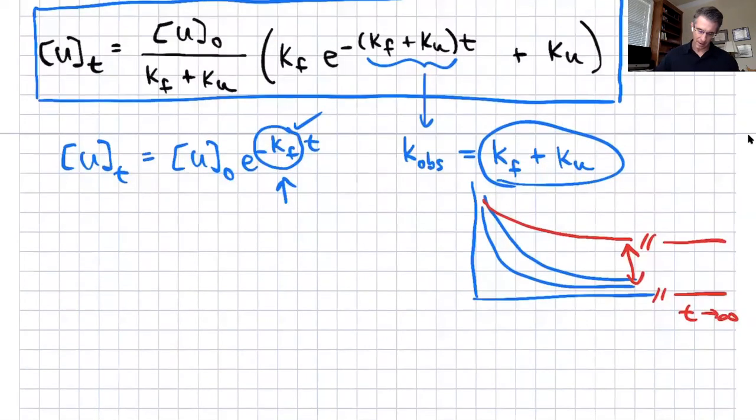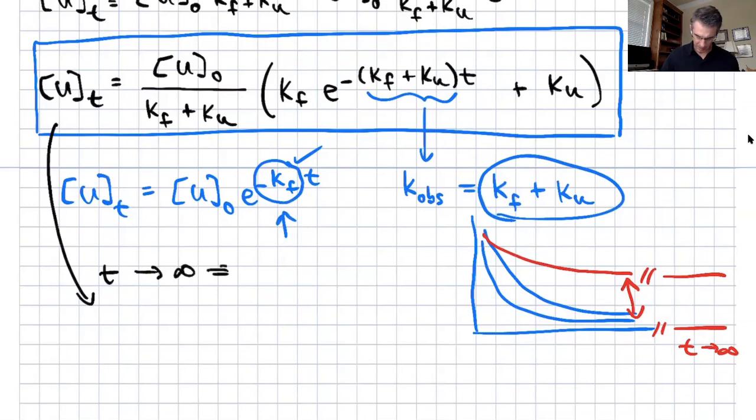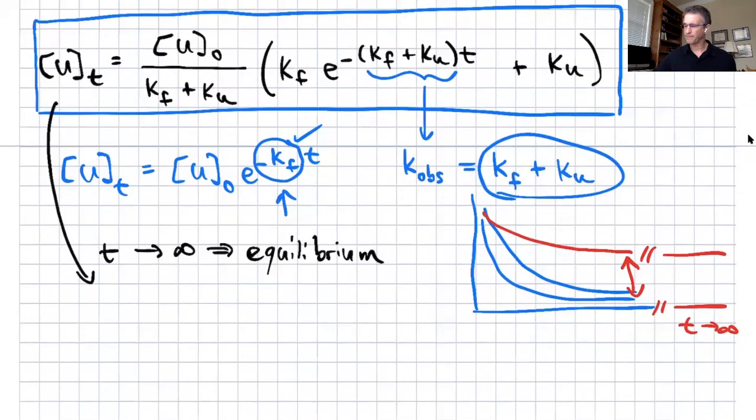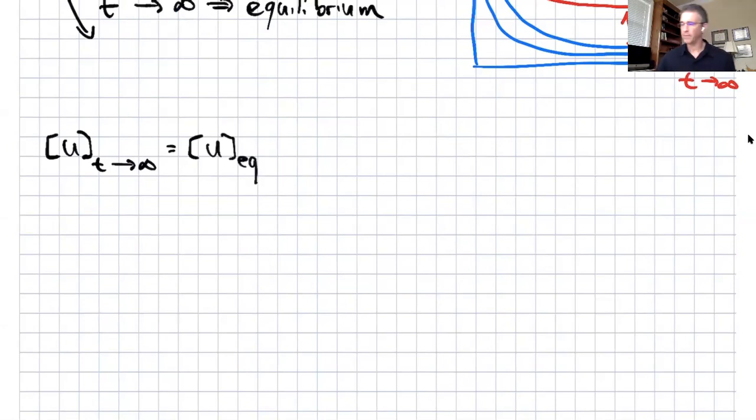So we can think about what this expression would look like when t approaches infinity, or essentially the system approaches equilibrium. Let's see what that looks like. At that point, we can just write that out. Concentration of U as t approaches infinity is just going to be equal to concentration of U at equilibrium, right?